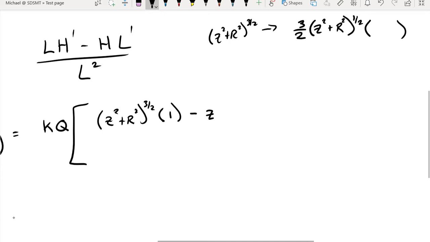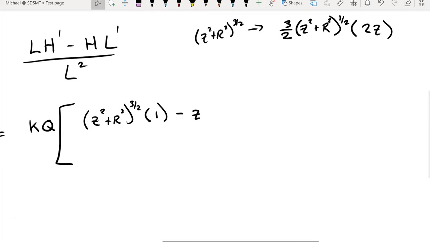Taking the derivative with respect to z, we're going to get 2z, and that should be it.